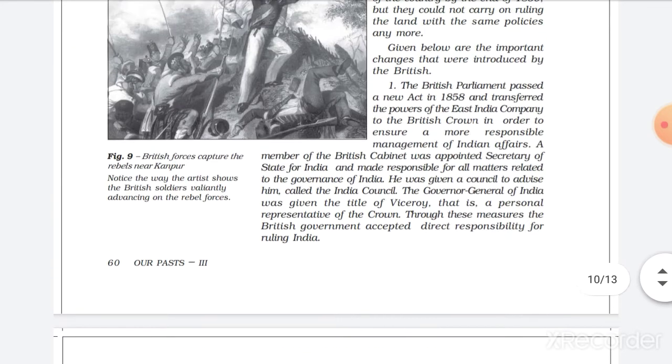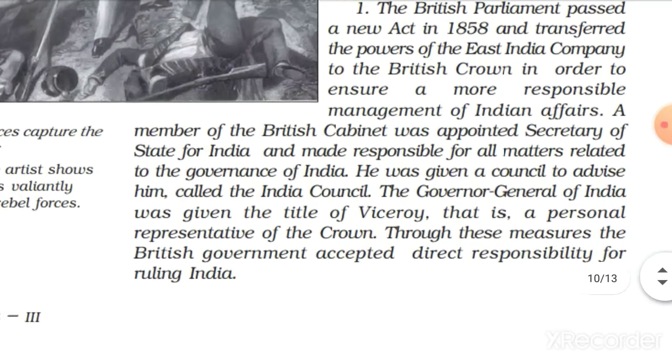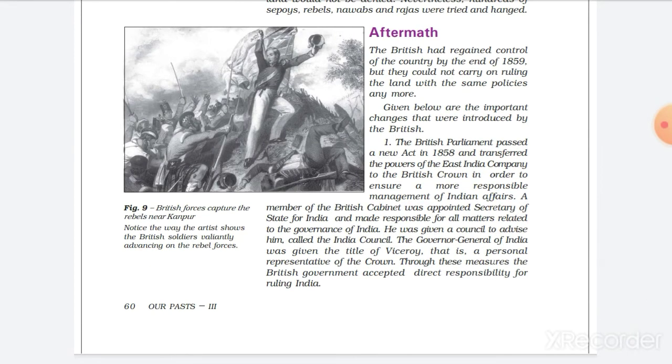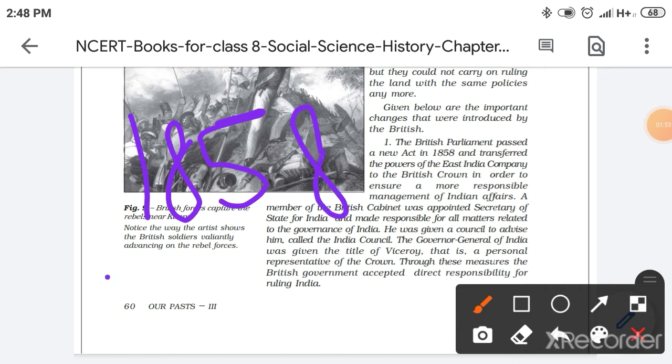In the first point here, you can see the British Parliament passed a new act in 1858. In this act, the powers were transferred from the company to the British crown, meaning the head of state.